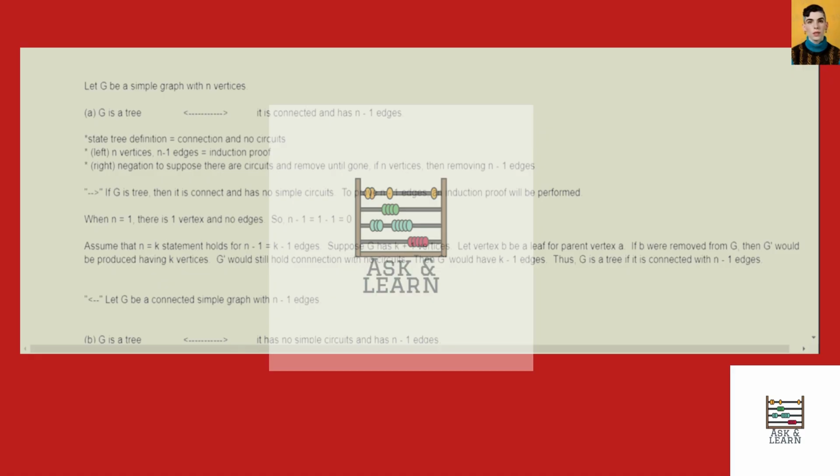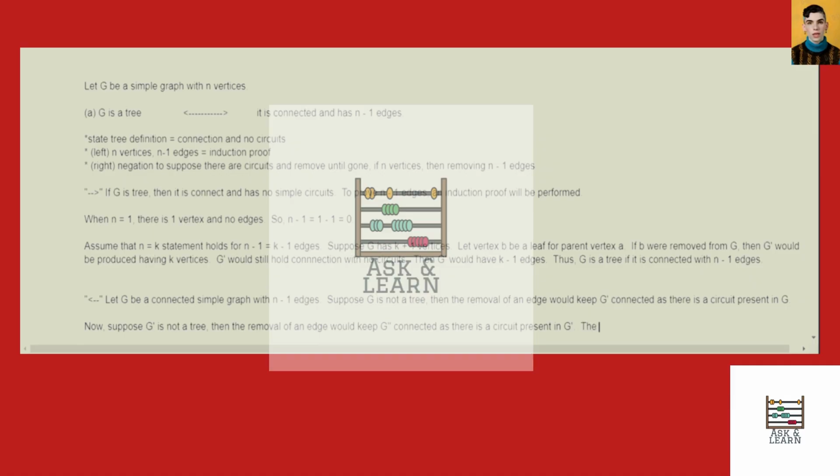I want to negate this and show that, okay, suppose G is not a tree, then the removal of an edge would keep G prime connected as there is a circuit present in G. So taking that out does that. Now suppose G prime is not a tree, then the removal of an edge would keep G double prime connected as there is a circuit present in G prime.